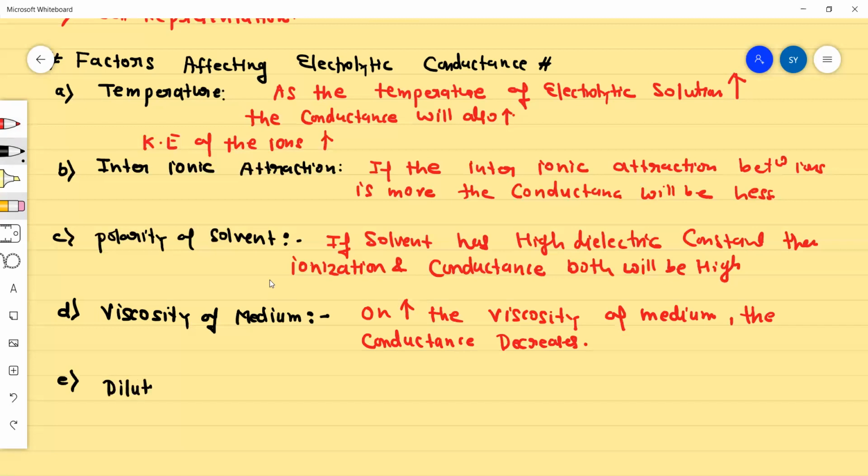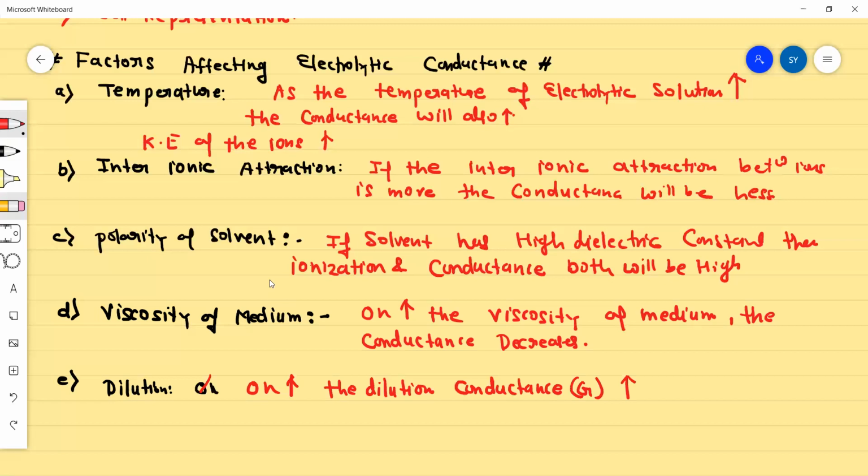Now, as you know, there are strong electrolytes and weak electrolytes. When you put water into a strong electrolyte, the dissociation keeps increasing, so the interionic force of attraction keeps decreasing. So on increasing the dilution, the conductance, that is G, increases because the attraction between the ions keeps on decreasing.